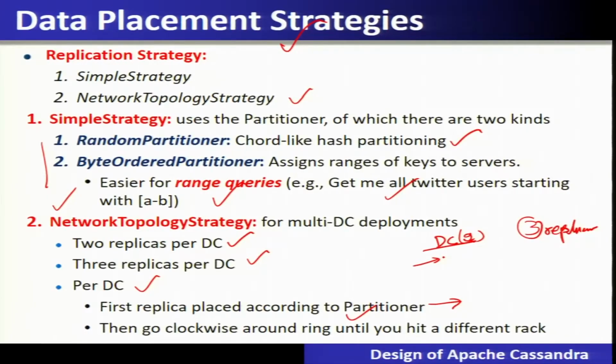It has to be stored on, let us say, the first rack, and then it will be stored on another rack in the same data center. The third replica will be stored on another data center.